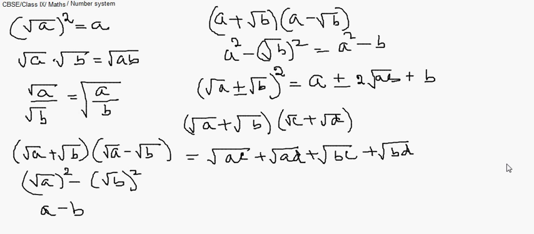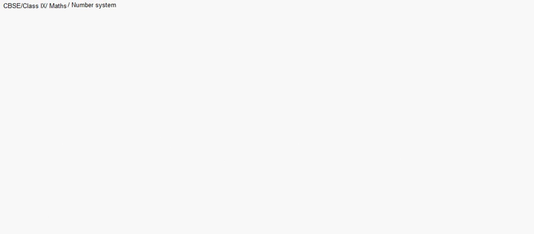Now based on this, let us take up a few questions. We are supposed to take up 243's fourth root by root 3's fourth root.